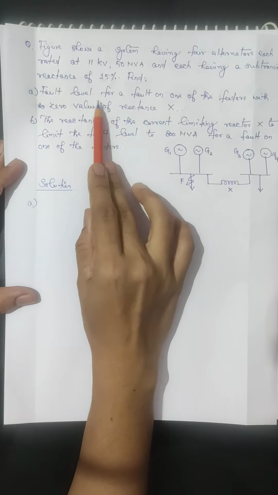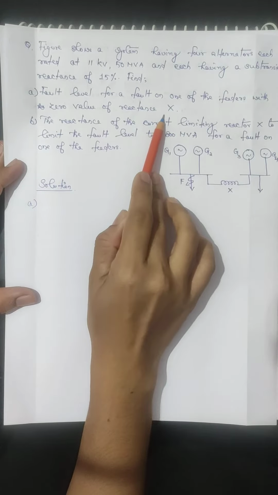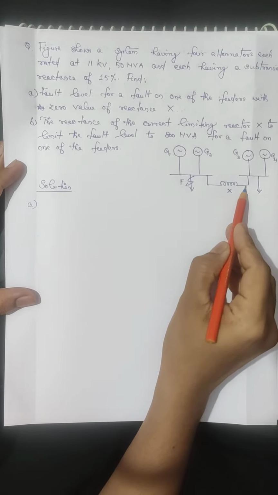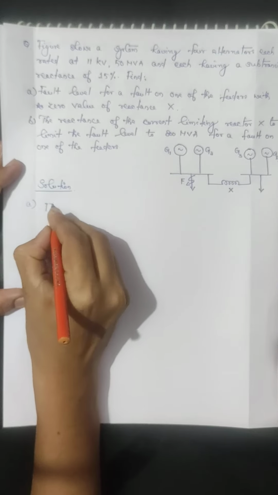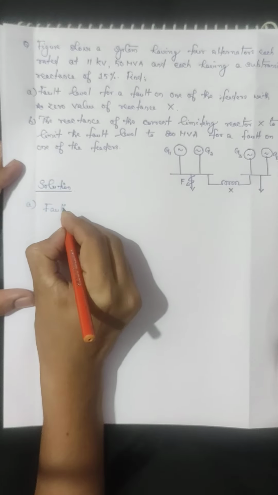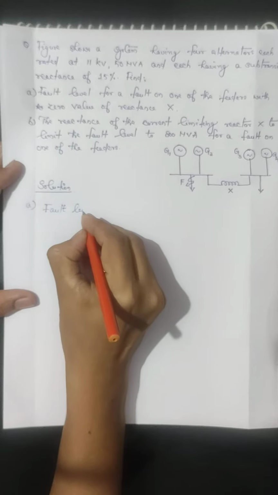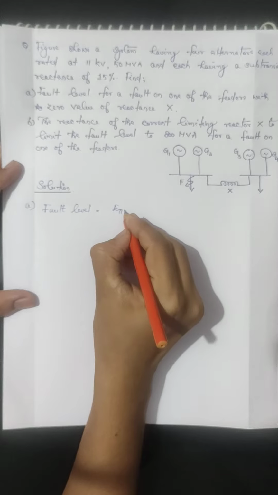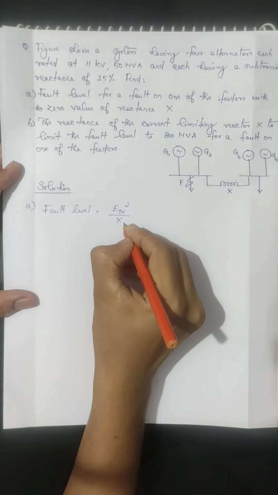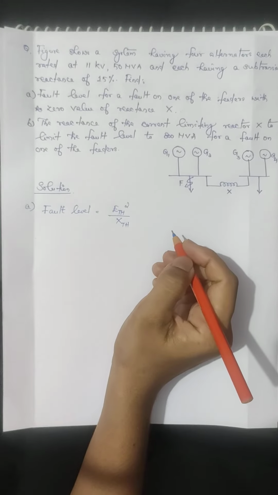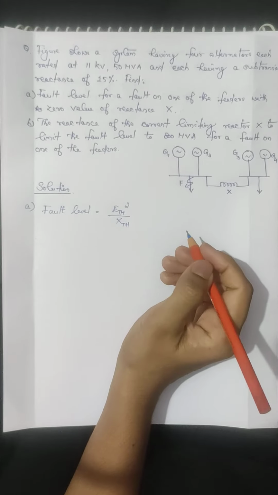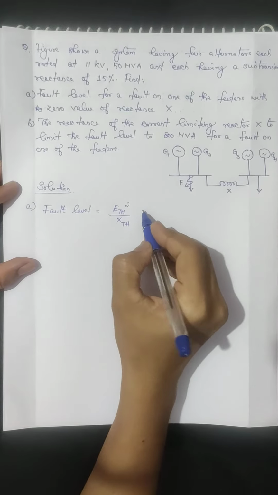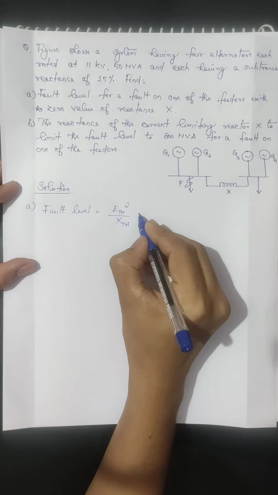So we have to calculate the fault MVA with 0 value of reactance X. So no reactance is present here. And we know the equation for fault level or fault MVA. Fault level is equal to ETH square divided by XTH, where ETH is the pre-fault voltage at the fault point.